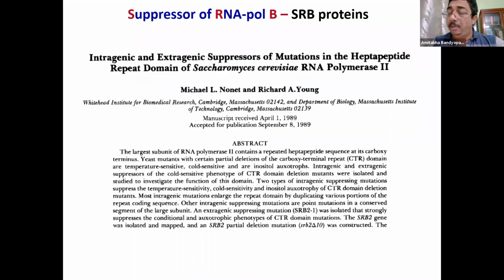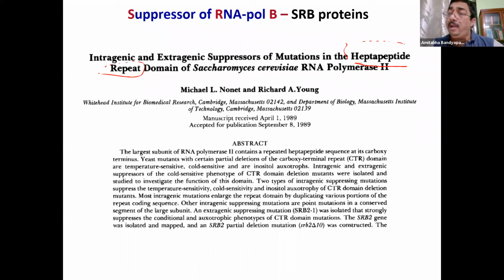SRBs. You remember that we talked about the heptad repeat, and I highlighted the fact that this is an essential repeat. If you make a yeast strain where the RNA pol 2 RPB1 has everything, but the heptad repeat is shortened, then the yeast cell was sick, it could not grow well. So then you take that kind of a cell and either mutate them or do a library-based overexpression assay to look for suppressors.